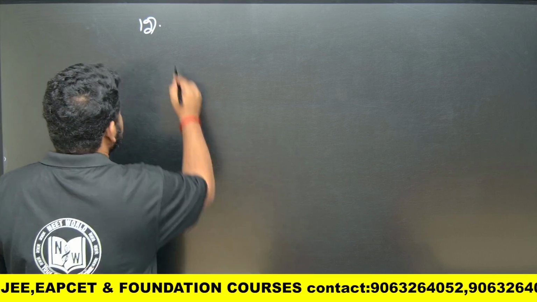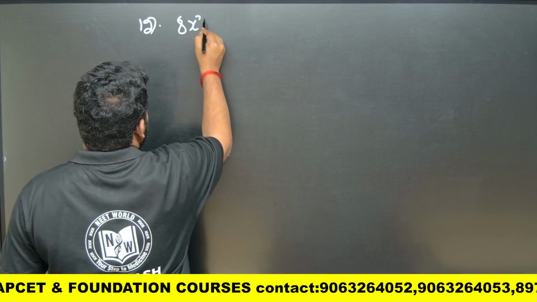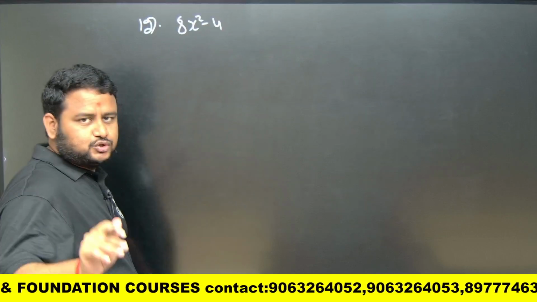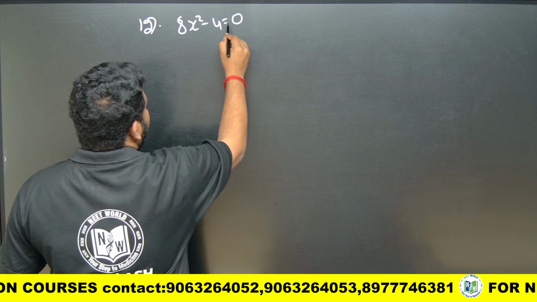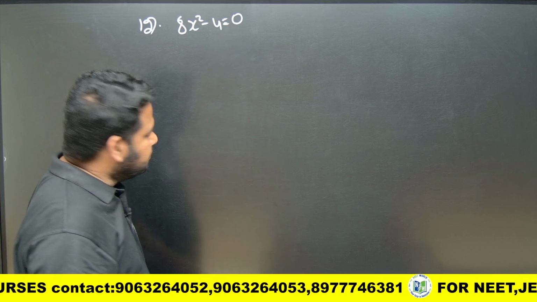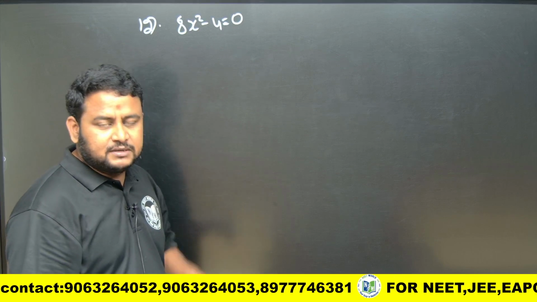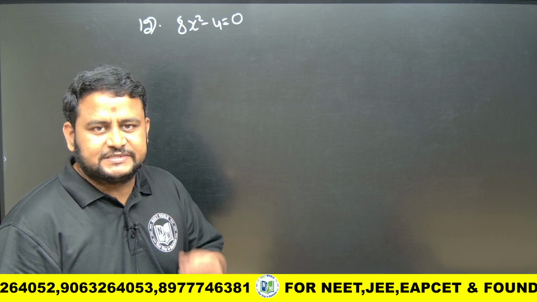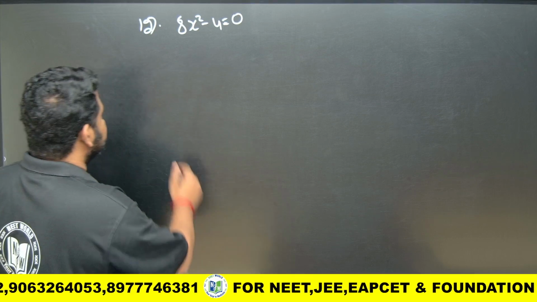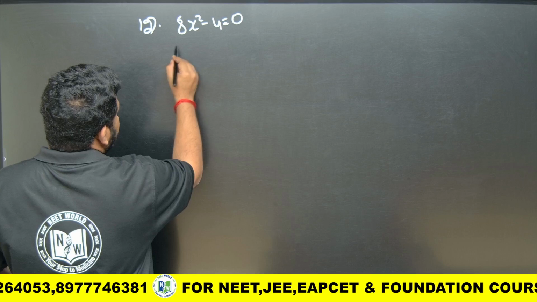So what does the 12th question say? The question that is given is 8x square minus 4. First thing I should do, friends, is equate it to 0. Here which term is missing as per the standard form? The term x is missing, that is, the coefficient of x is 0. So here I can directly take 4 common.